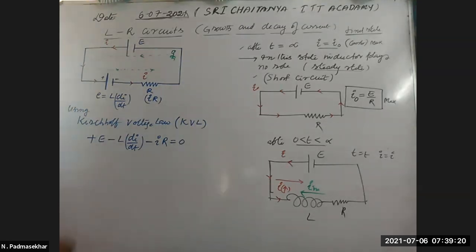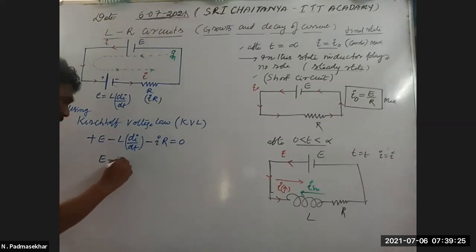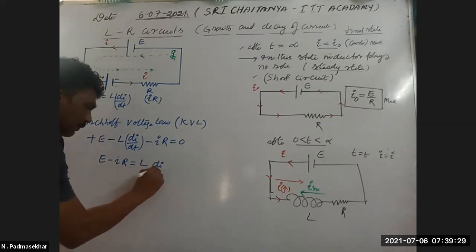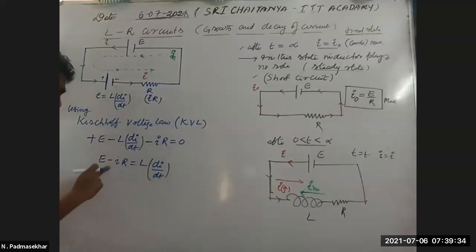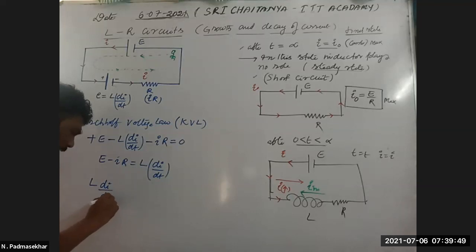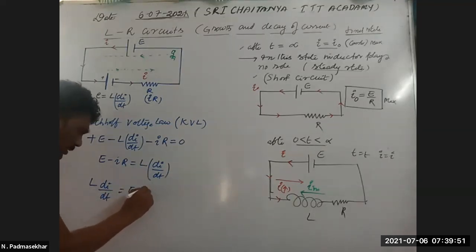Now see that here E minus IR is equal to L di by dt. That is, L di by dt is equal to E minus IR.